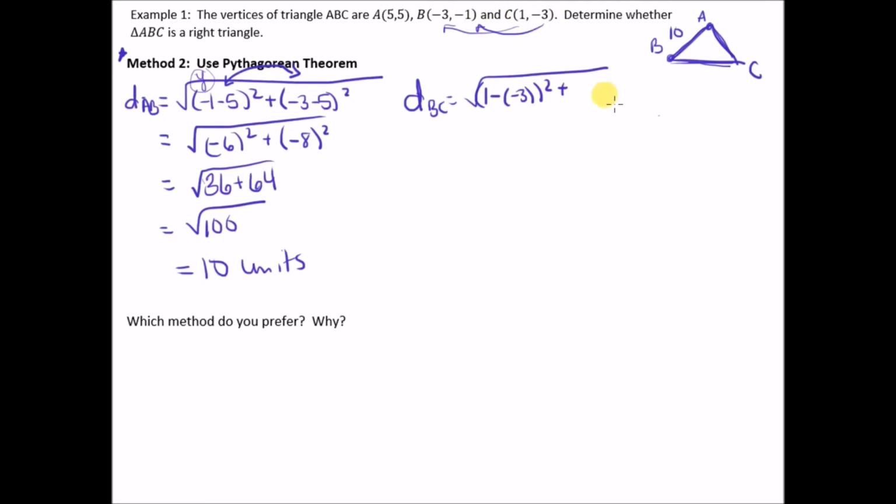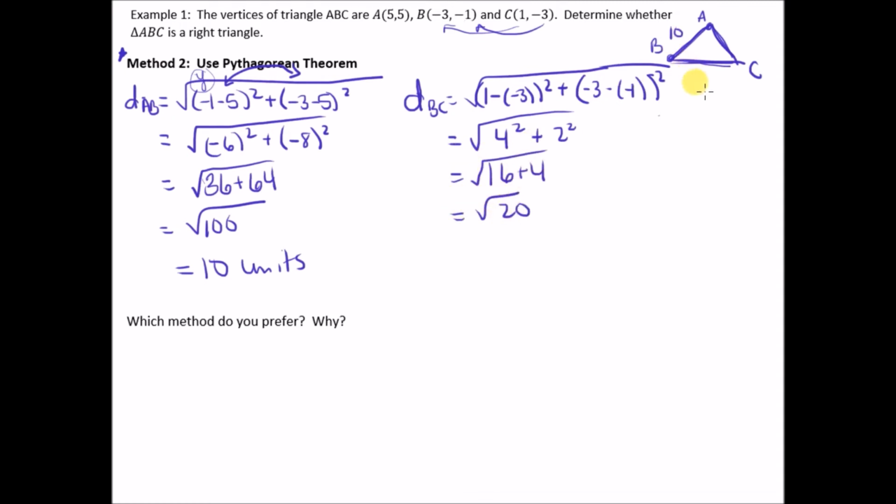Okay, negative 3 minus negative 1. So this is 4 squared plus 2 squared. I get 16 plus 4. I get root 20. Okay, so BC is root 20.